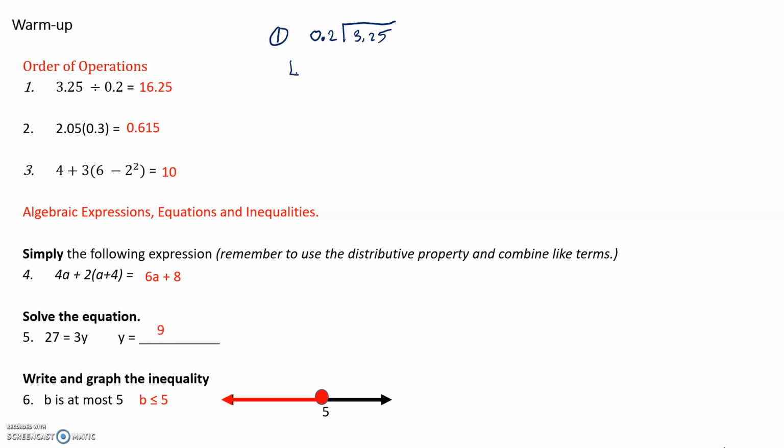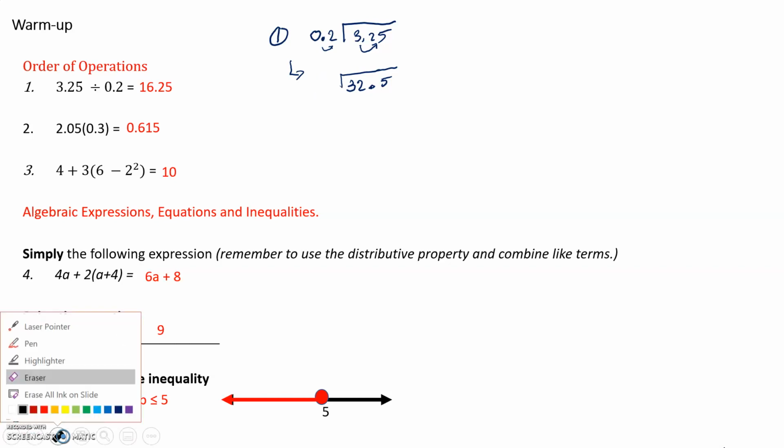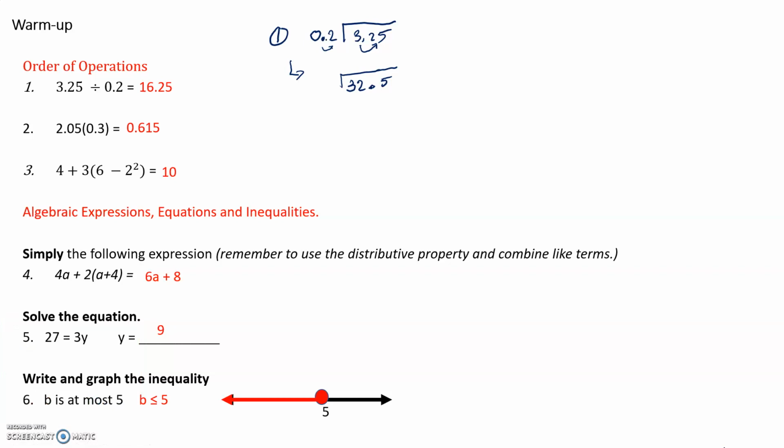If I multiply both by 10, my new problem is 2 divided into 32.5. It's only important that I make the outside a whole number, but it's equally important that I move the decimal the same number of spots inside and outside.